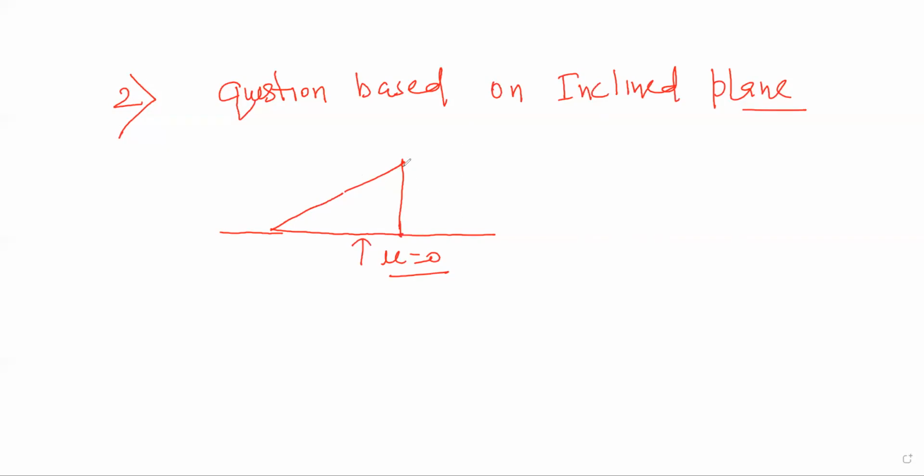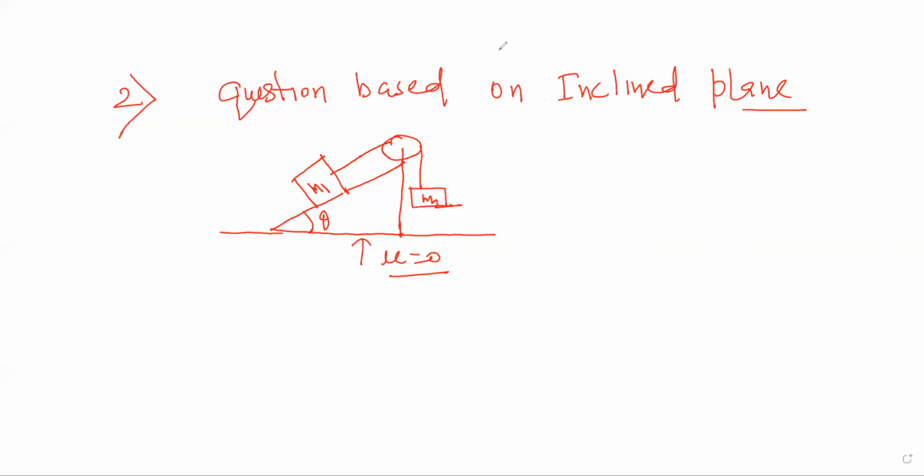Now a pulley is attached on the top and a block of mass m1 is attached through the pulley, and a second block whose mass is m2 is hanging. This is angle theta. You would be asked to find the acceleration, the tension in the string, and the acceleration of the block.